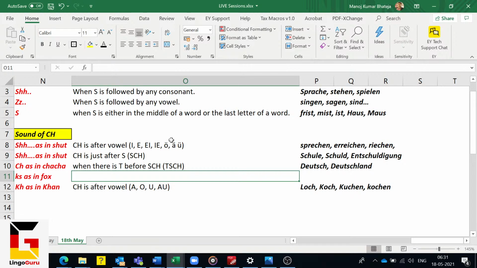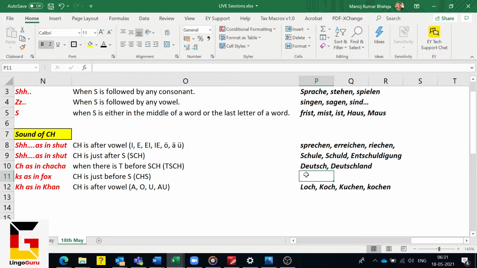The next is when ch is just before s, like CHS. When S is before CH, it is going to be pronounced as sh. When CH is before S, it is going to be pronounced as x, as in fuchs, fuchs.